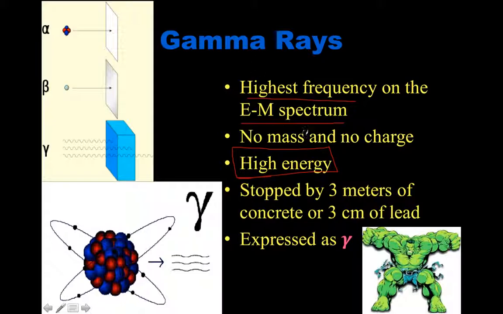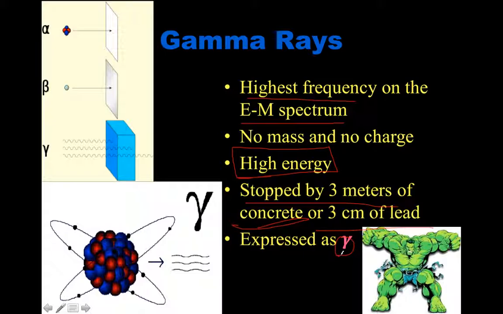Now, to stop gamma rays, you could either have a room composed of 3 meters of concrete, which is very thick, think 3 meter sticks put together that deep, or 3 centimeters of lead. So for people undergoing radiation treatments where they're using gamma rays, the walls, the ceiling, and the floors are all sealed with lead. And there's the symbol for gamma.